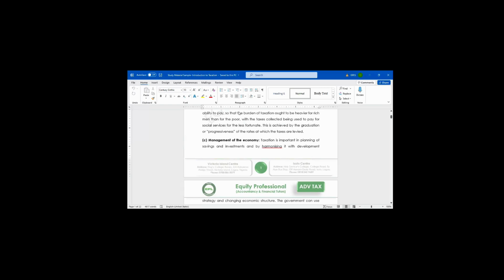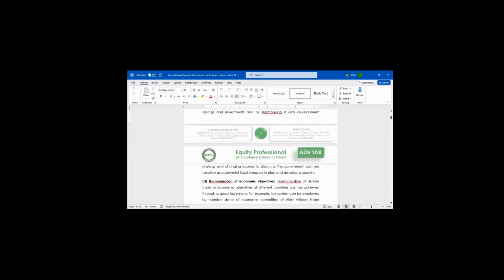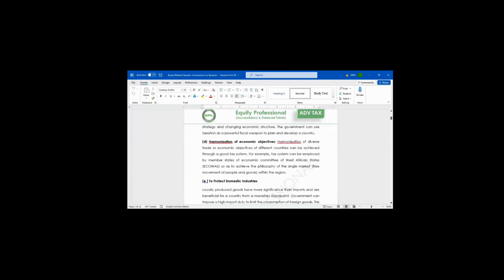Another objective of taxation is harmonization of economic objective.